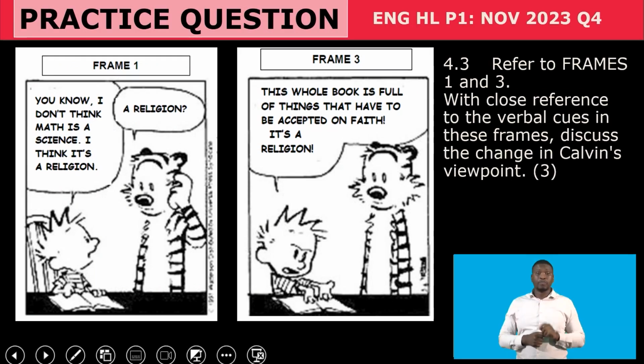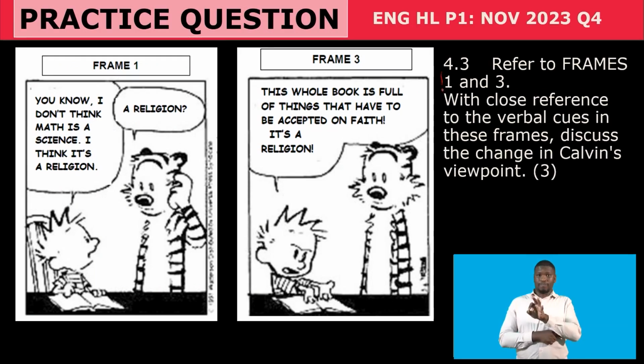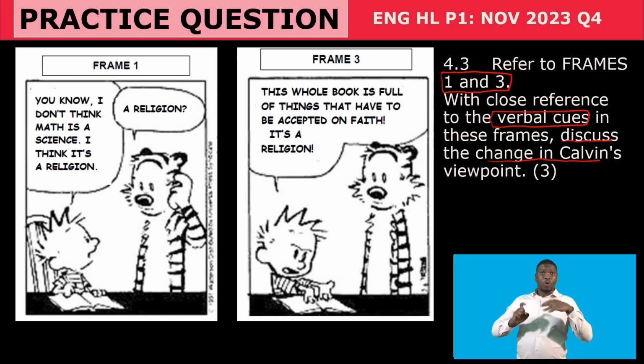Question 4.3 says refer to frames 1 and 3. So go to both of those frames with close reference to the verbal cues, so the written words. In these frames, discuss the change in Calvin's viewpoint. So now we're not focusing on any visual elements, we're only looking at the verbal cues.